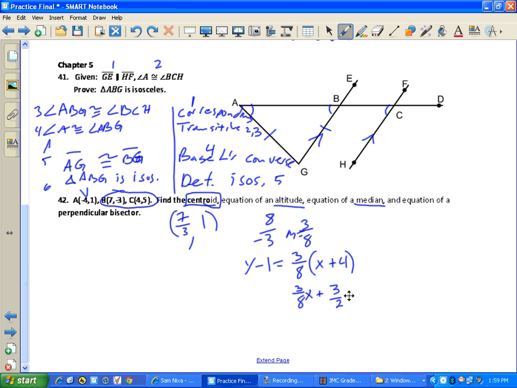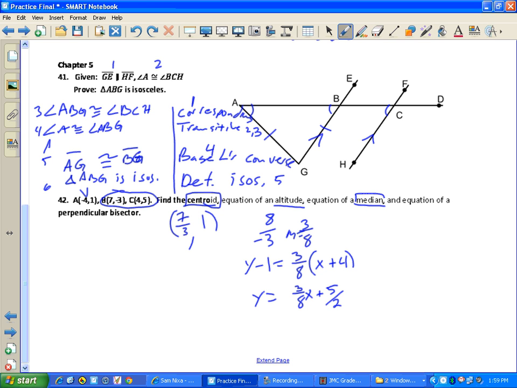Then I need to add the 1 over, which would be 2/2, so that makes this 5/2. That's the equation of one altitude. Now, if I had chosen B to be the vertex, I would get a different equation. Same if I chose C. So there's 3 correct answers to this one. If you really want to test yourself, find all 3.